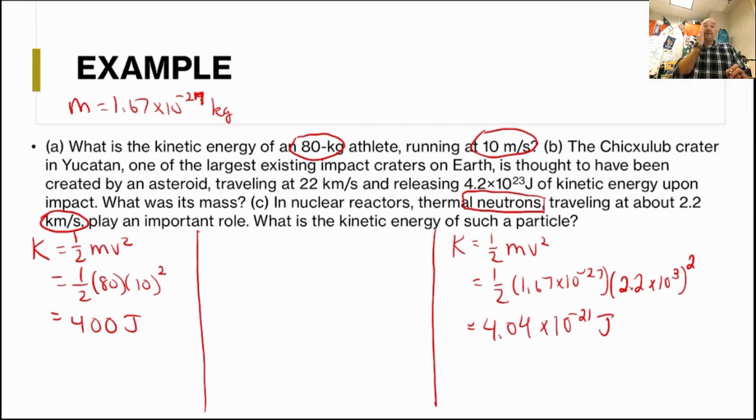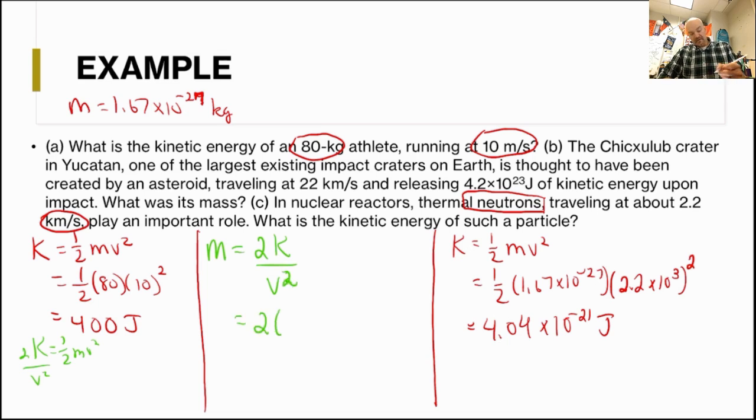Now let's go into the middle part, where we're going to find the mass of this asteroid that hit this impact crater. So we're going to do the algebra to find mass. K is 1/2 mv squared, so we multiply by 2 and divide by v squared. The mass is going to be 2 times kinetic energy divided by v squared.